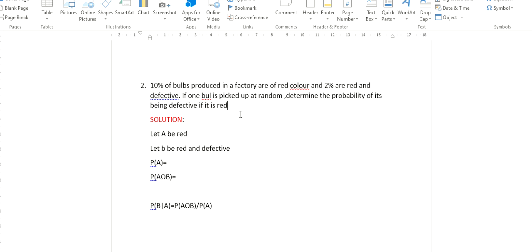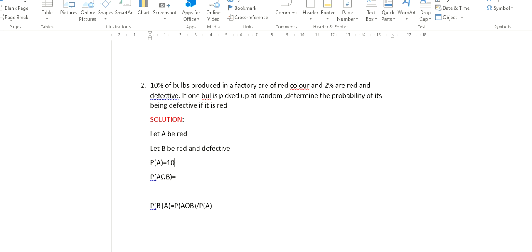They have manufactured red bulbs in a factory. Out of that, 10% are red and 2% are red and defective. What is the probability that if I pick red, it should be defective? Let A be red and B be the red as well as the defective. So what is the probability of A?